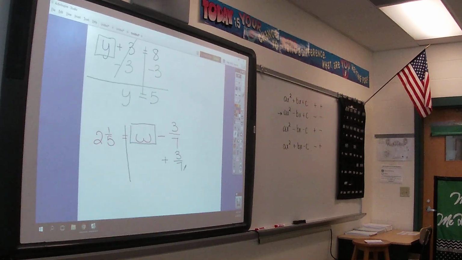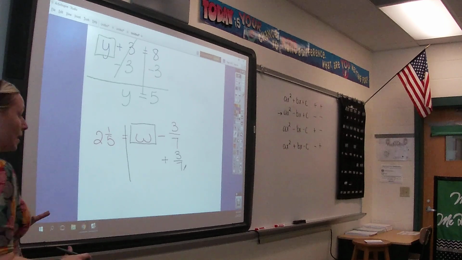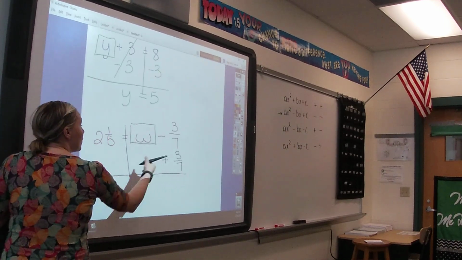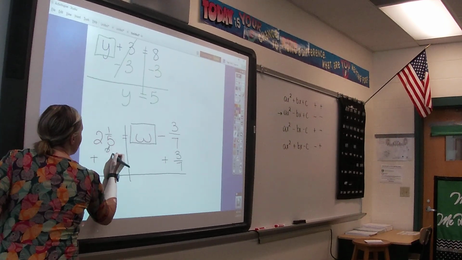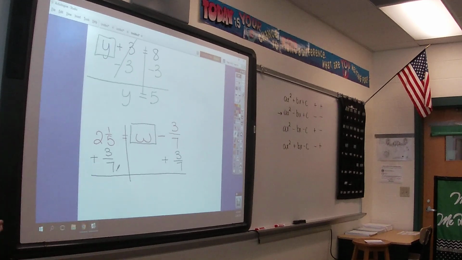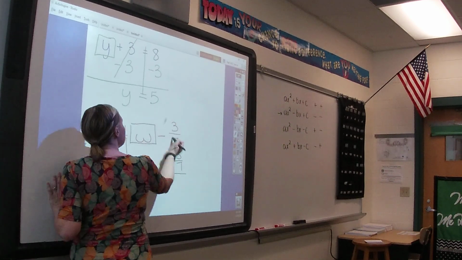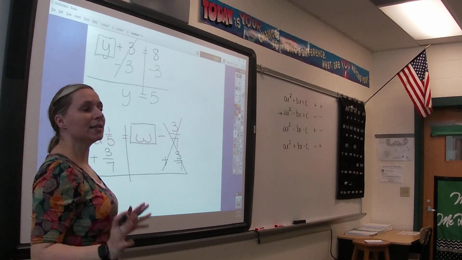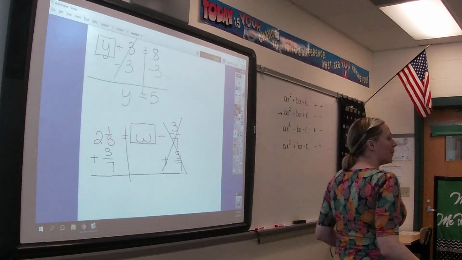It doesn't matter. We're going to let the calculator do that work for us. Whatever we write on one side, we have to write on the other. And we know these things will cancel each other out just because that's what inverse operations do.